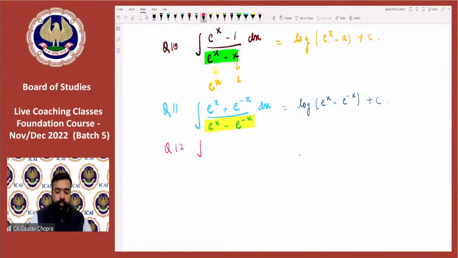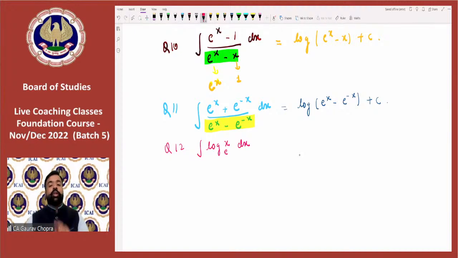Whenever there is integration of log x all alone, we have to integrate log of x. Now, what is the integration of log x? We know its differentiation is 1 by x, and integration of 1 by x is log of x.